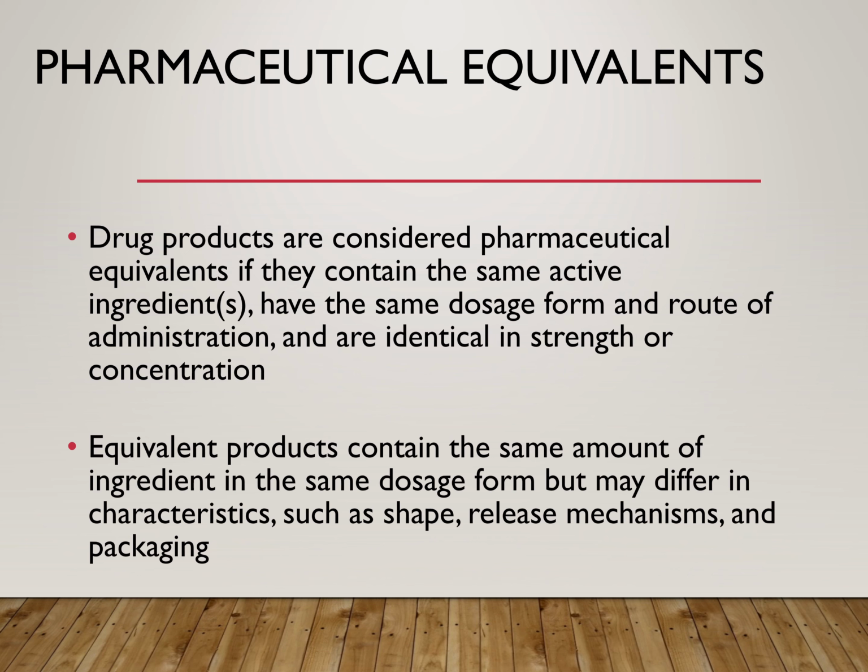The next point is that drug products are considered pharmaceutical equivalents if they contain the same APIs, have the same dosage form and route of administration, and are identical in strength and/or concentration. If you are taking two drug products, their constituents should be the same, and basic factors like strength, route of administration, and dosage form should all be considered.